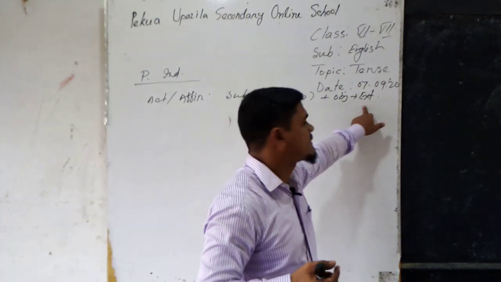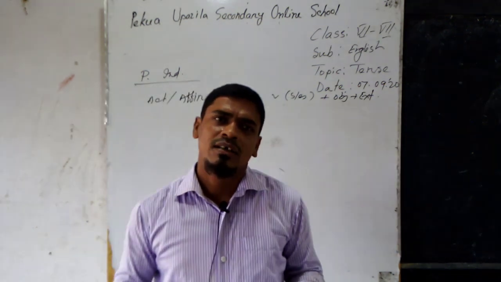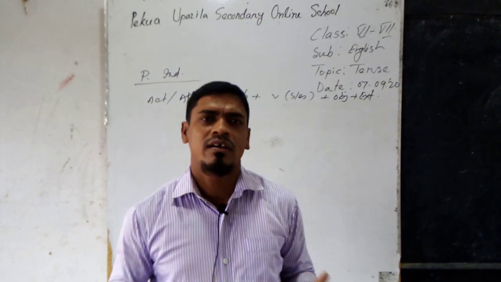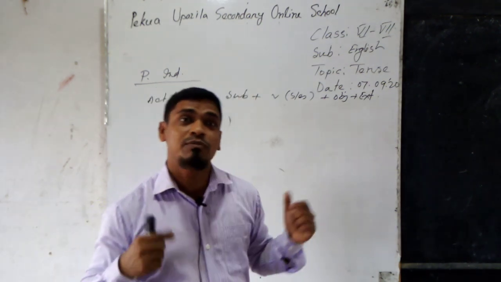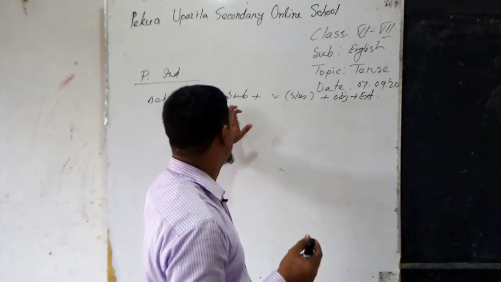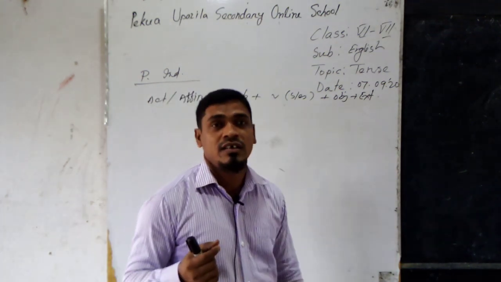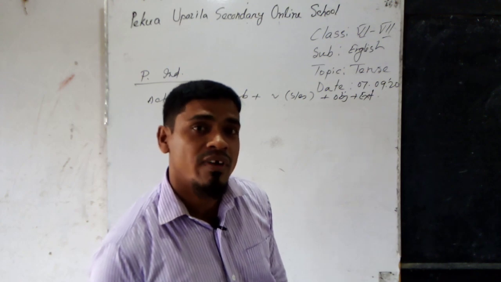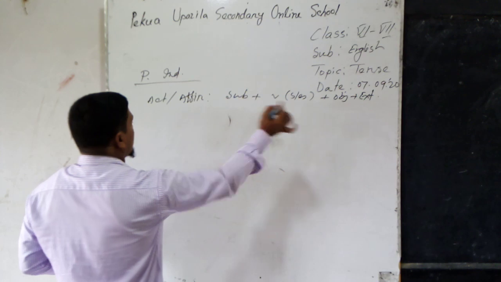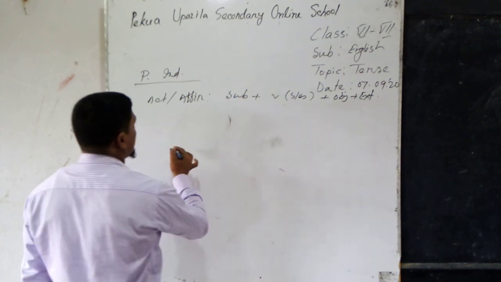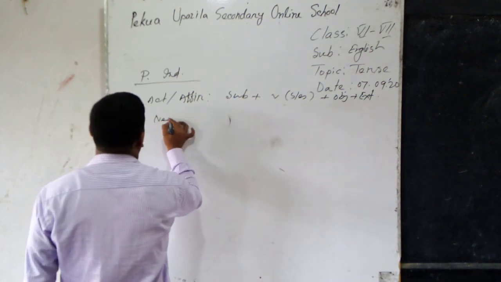Others, extension, we just bring or write in the sentence to fulfill the feelings of the speakers. The most important part is 3: subject, verb and object. So next, which one? Negative form.